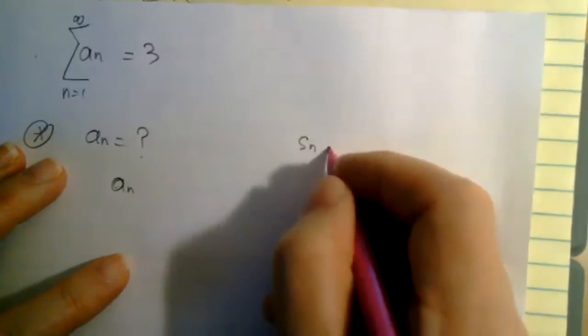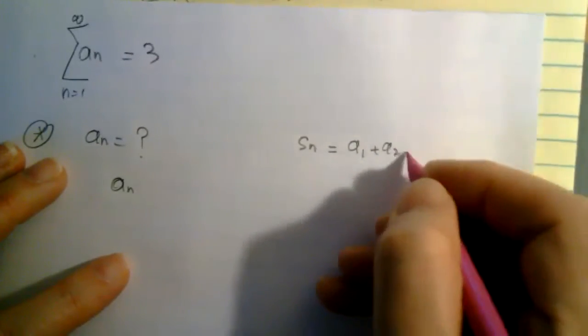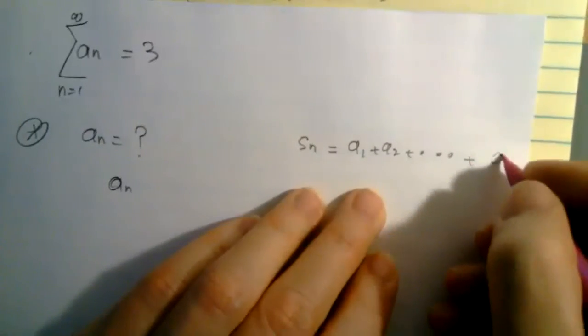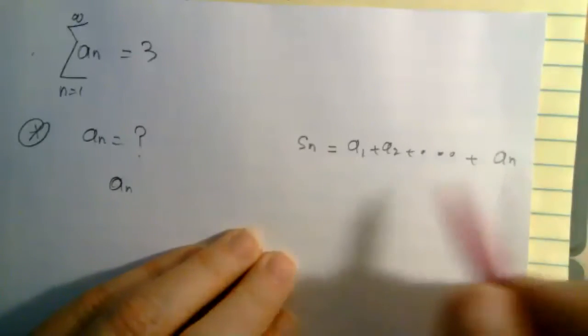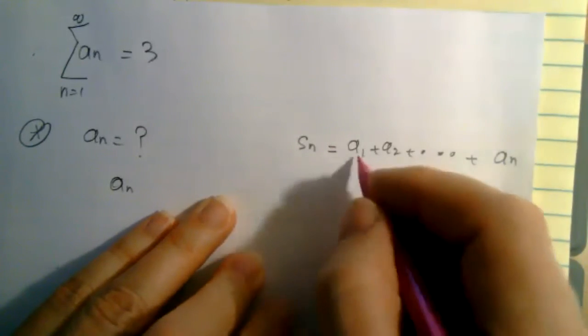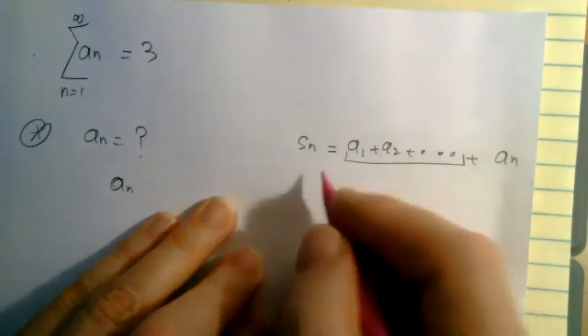Absolutely correct. What is an? Suppose I take Sn. What is Sn? It's a1 plus a2 plus etc. The last term is an. That's the definition. And then, what's the relationship?